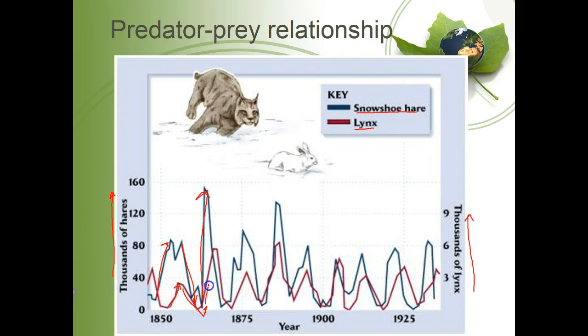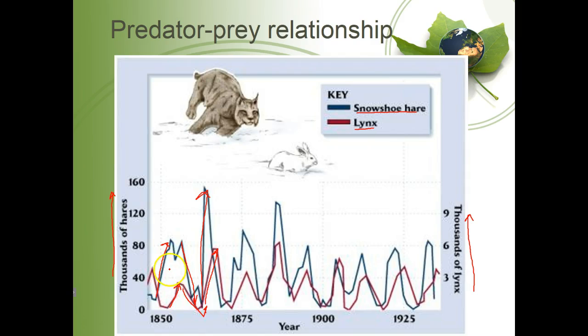And when the prey increases, the predator increases. Okay? And then you follow that same pattern all the way through the years. And so if we go from 1850 to ultimately 1950 and then to 2000, we can look at the cycling of these populations over the course of the last 200 years.